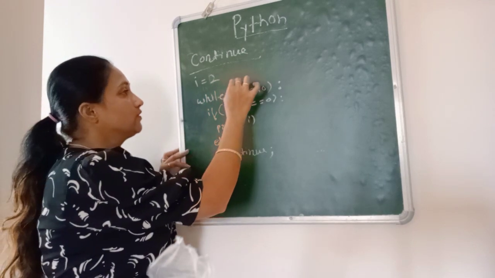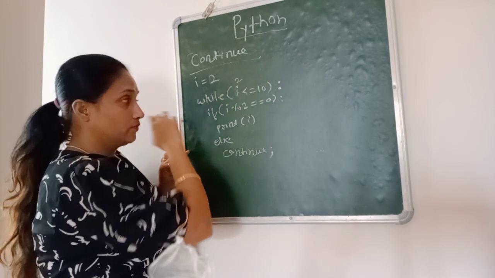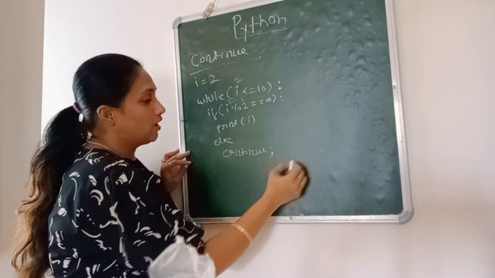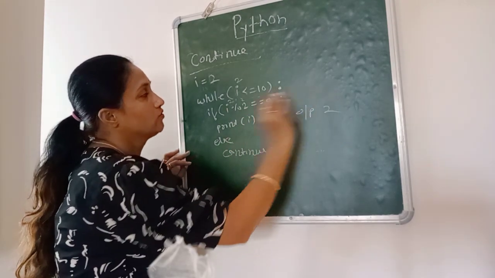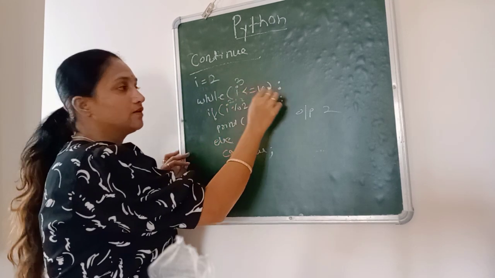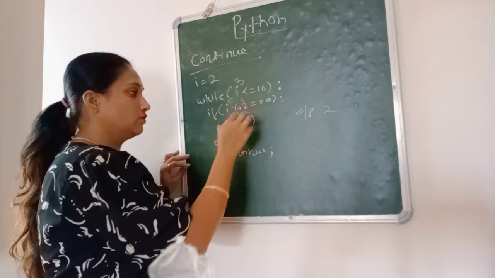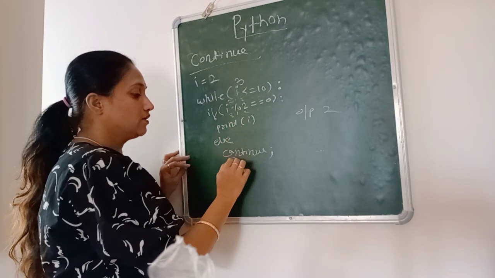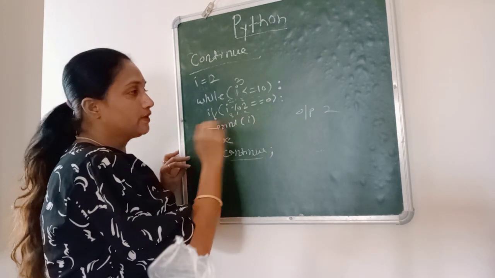Okay, let us see how it runs. For the first time, i's value is 2. This condition is true. Then 2 mod 2 equals to 0, this is also true. So in the output what is displayed? 2. Next time i's value becomes 3. 3 less than 10, condition true. But 3 mod 2 is not equal to 0, so this condition is false. Then it simply executes continue. So this iteration is skipped.